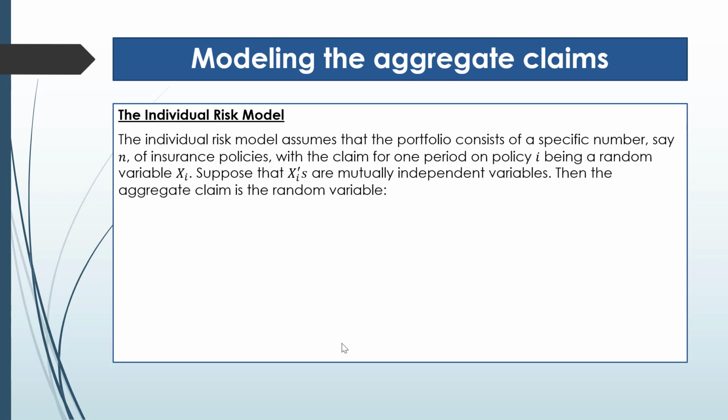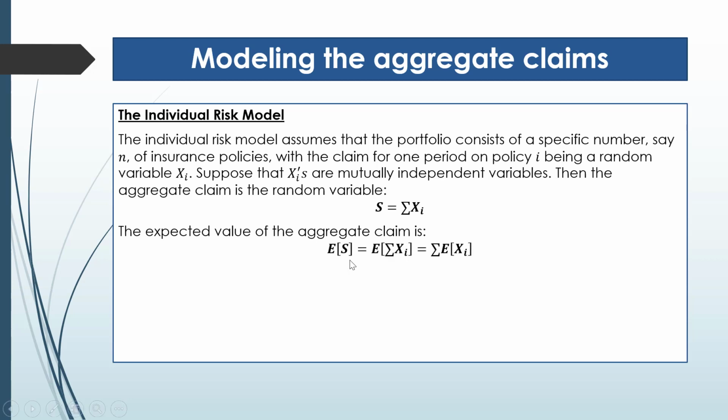Suppose that the Xi are mutually independent variables, then the aggregate claim S is the summation of Xi, that means the total over the insurance policies.